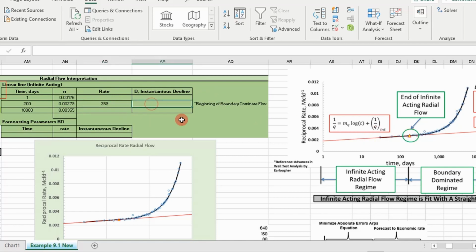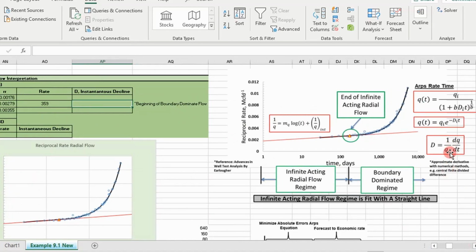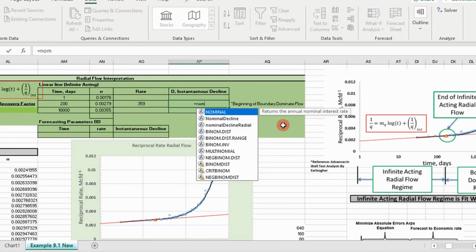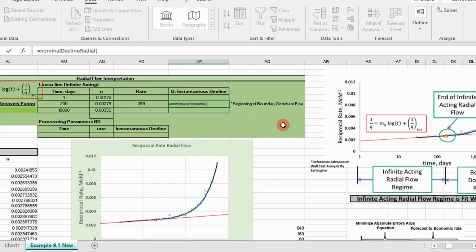Now I need to calculate the instantaneous decline. And so we approximate that with a finite divided difference. I already wrote a VB function for that, and I called it nominal decline radial.